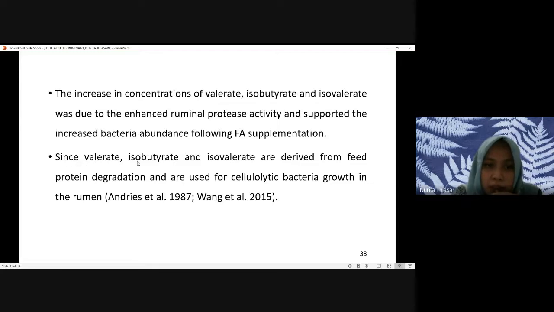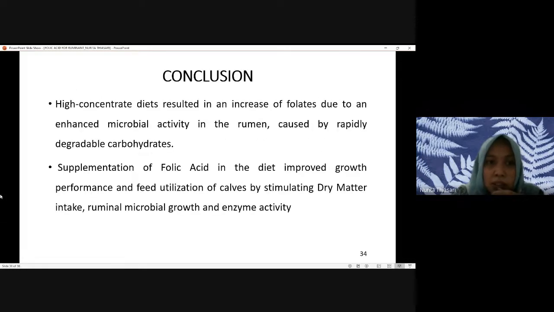Since valerate, isobutyrate, and isovalerate are derived from feed protein degradation and are used for cellulolytic bacteria growth in the rumen. And then the last one is the conclusion. The high concentrate diets resulted in an increase of folates due to an enhanced microbial activity in the rumen caused by rapidly degradable carbohydrate.